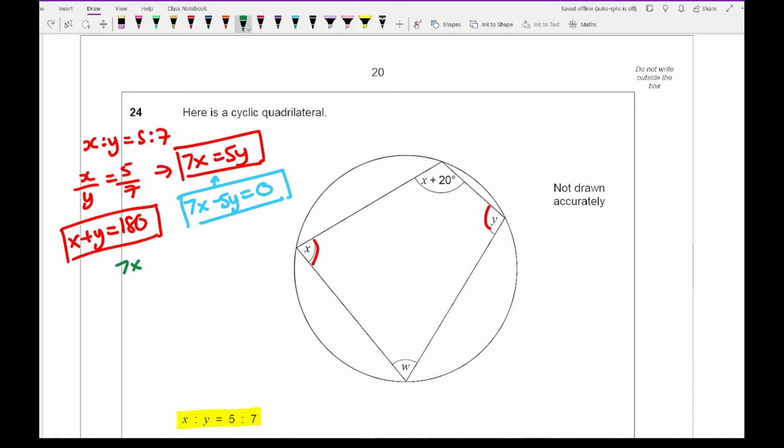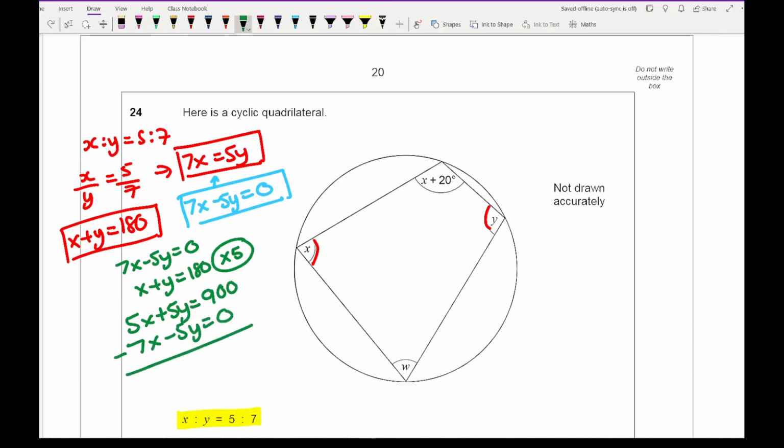So here I've got 7x minus 5y equals 0, and x plus y equals 180. Now if I multiply the second equation by 5, I get 5x plus 5y equals 180 times 5, which is 900. Then if I write the first equation again, equals 0, and I add the two equations, I end up with 12x equals 900.